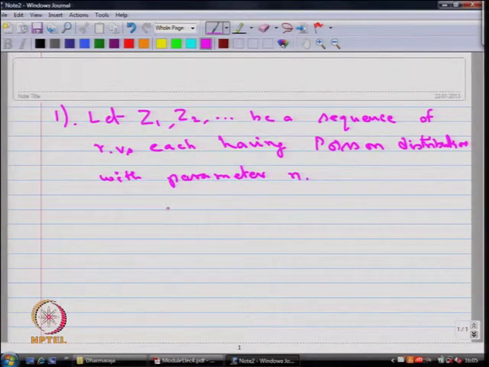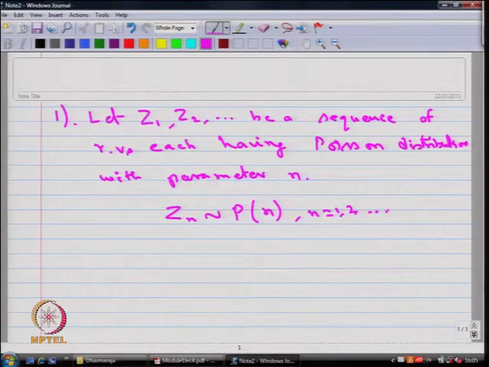That is, Zn is Poisson distribution with the parameter n for n equal to 1, 2, 3 and so on.